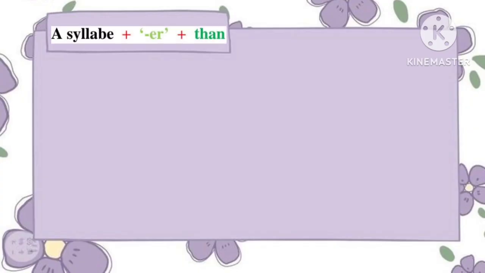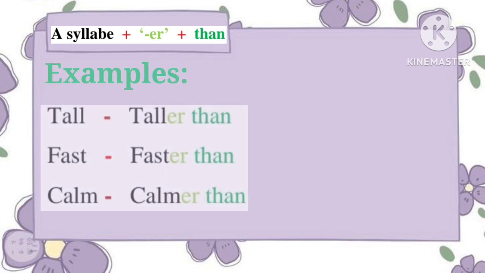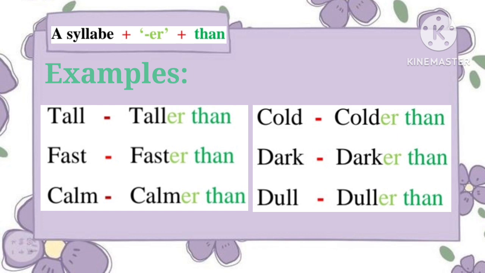The adjectives that only have one syllable add er, followed by than. For example, tall, taller than, fast, faster than, calm, calmer than, cold, colder than, dark, darker than, dull, duller than.